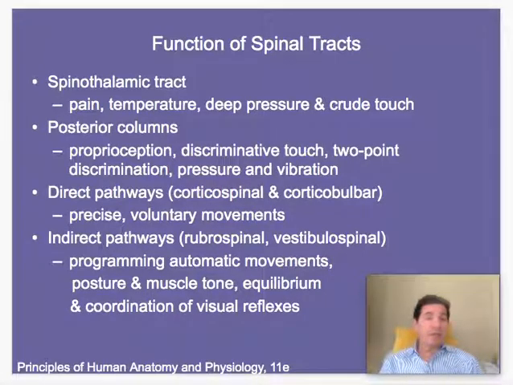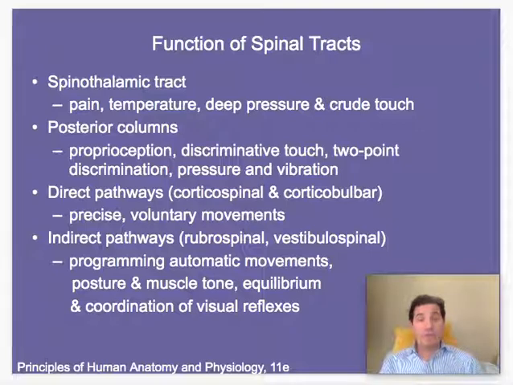And when we actually get to the direct pathways, a lot of times what happens is there's a difference as to whether they actually stay on that side or change sides, as we talked about, if they cross in the brain at the medulla.